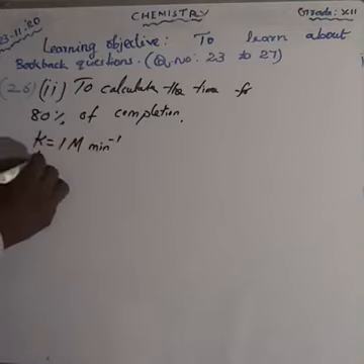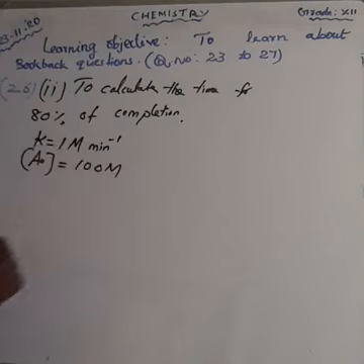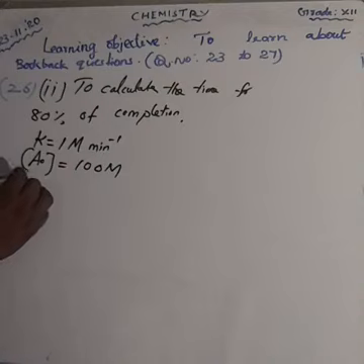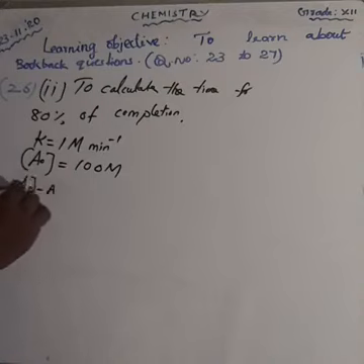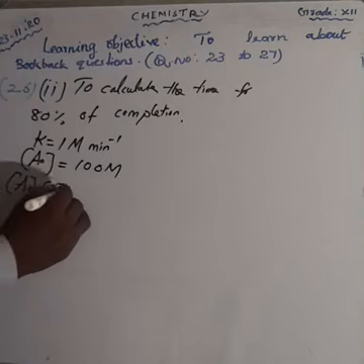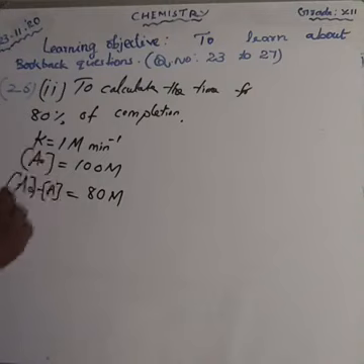A naught we write as 100, and A naught minus A is 80. So the time is what we have to calculate.